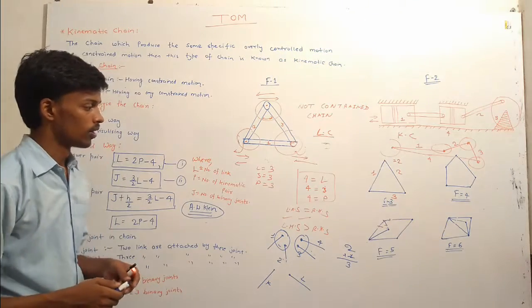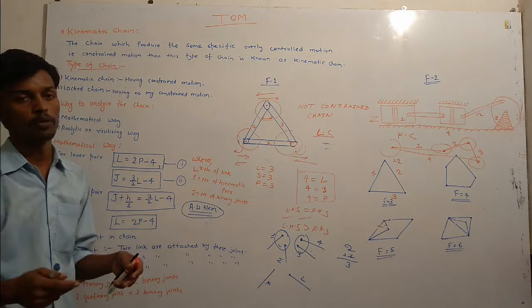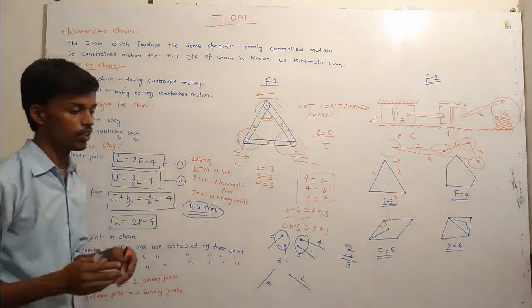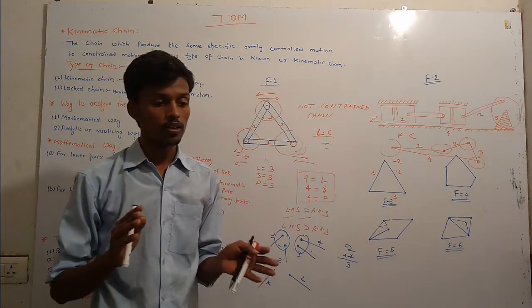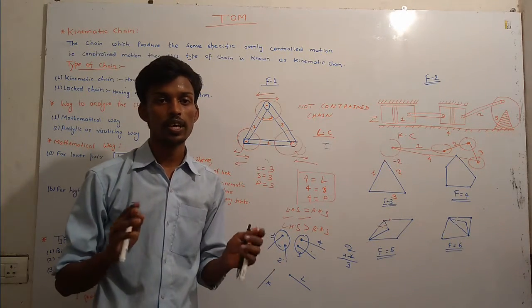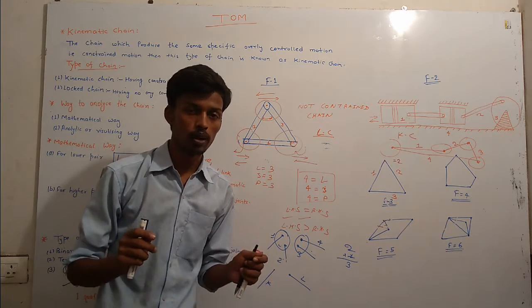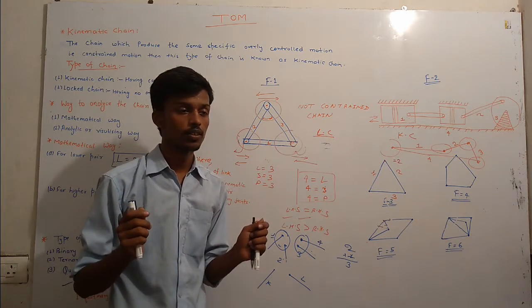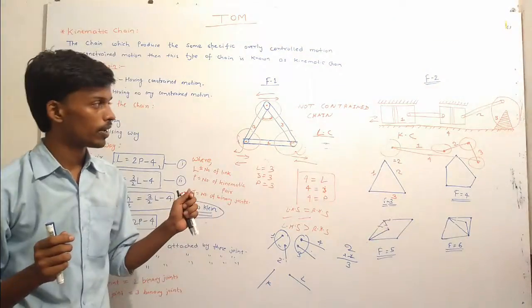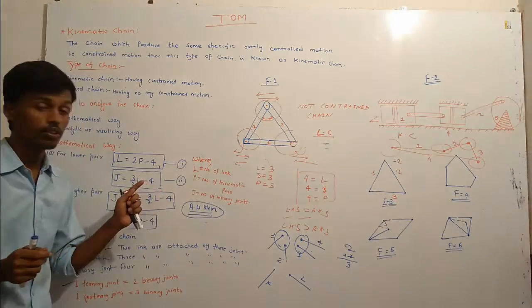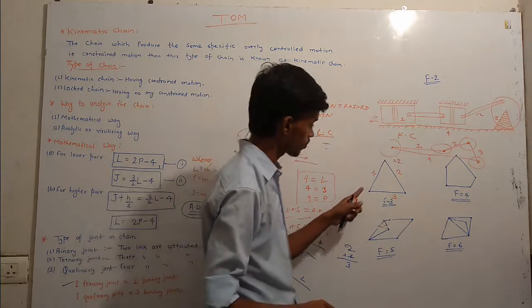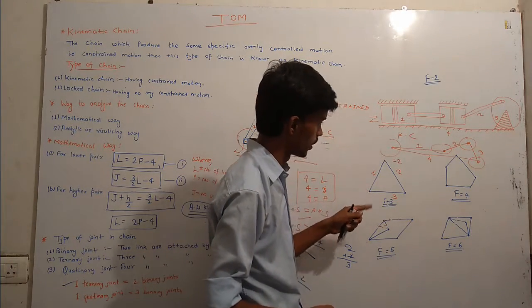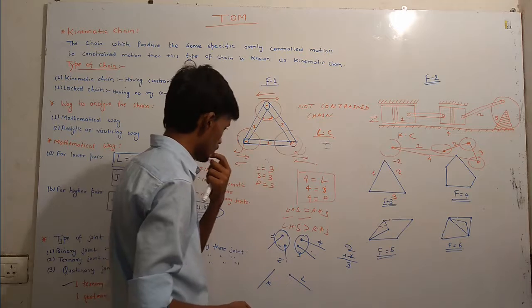Okay, so what is the benefit of understanding the relation between the ternary, binary and quaternary joints? By finding this relation, we are able to analyze the kinematic pair by using this formula. How can we use this formula? Suppose there is an arrangement, figure number 5.